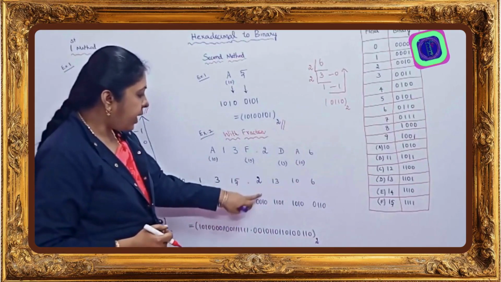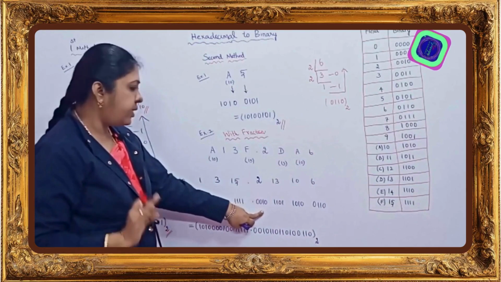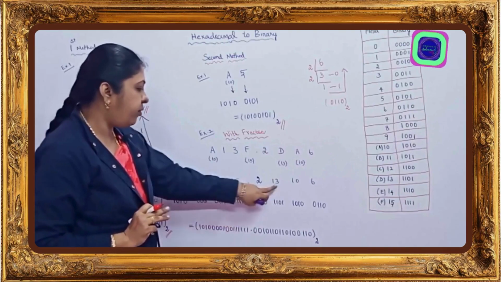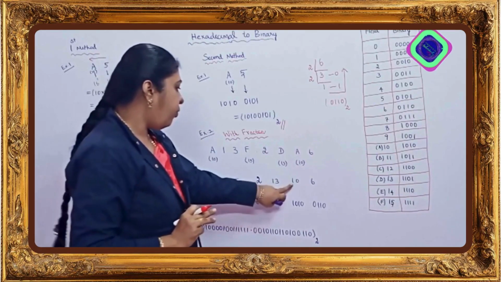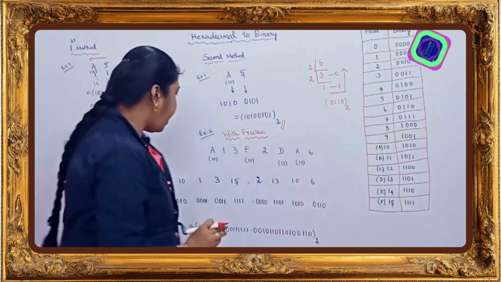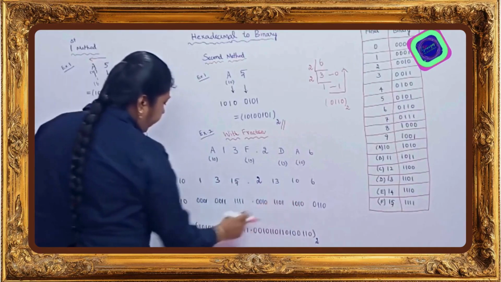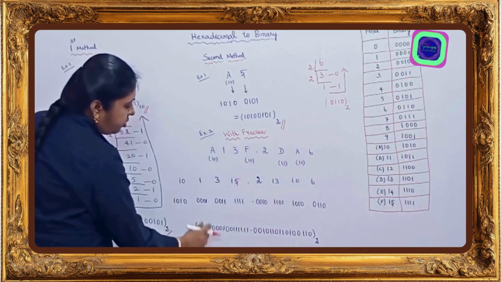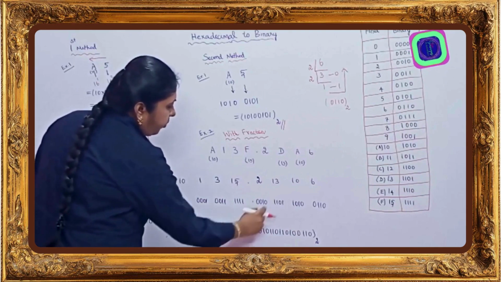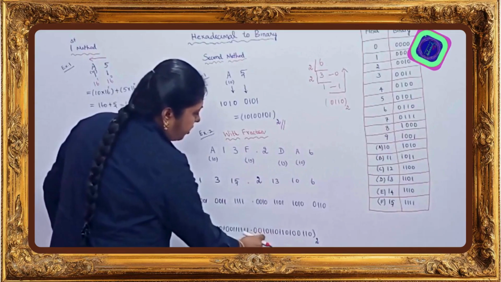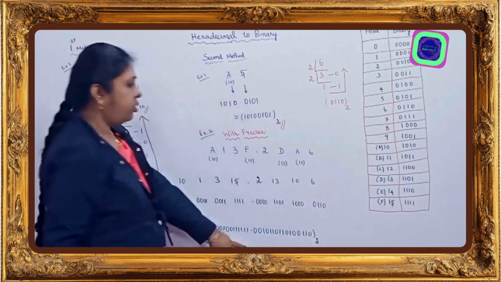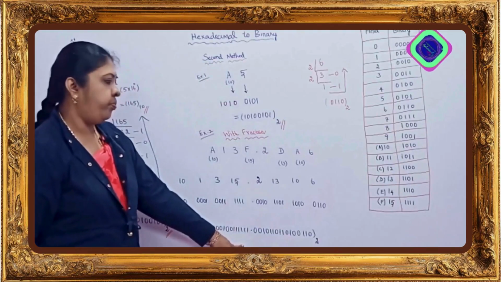And after the fraction point we also represent as it is, with the decimal point placed here: for 2, 0010; for 13, 1101; for 10, 1010; and for 6, 0110. Combining all the answers we can write 1010 0001 0011 1111 dot 0010 1101 1010 0110 to the base of 2.